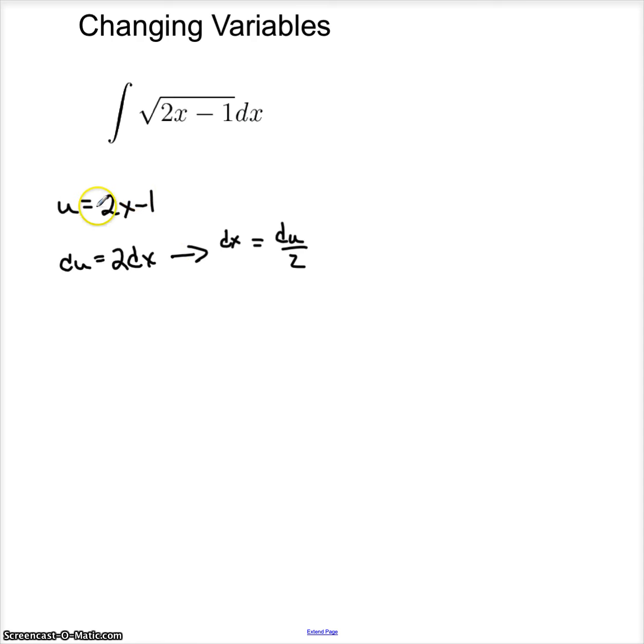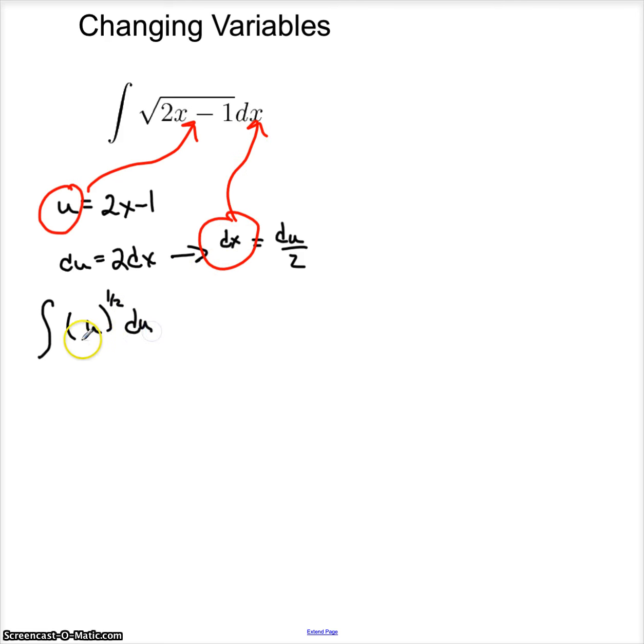All right, now I'm going to take u and put it in, and I'm going to substitute in dx as well. So this becomes the integral of, and I'm going to write this in exponent notation, u to the 1/2, and dx, I have to replace with du over 2.